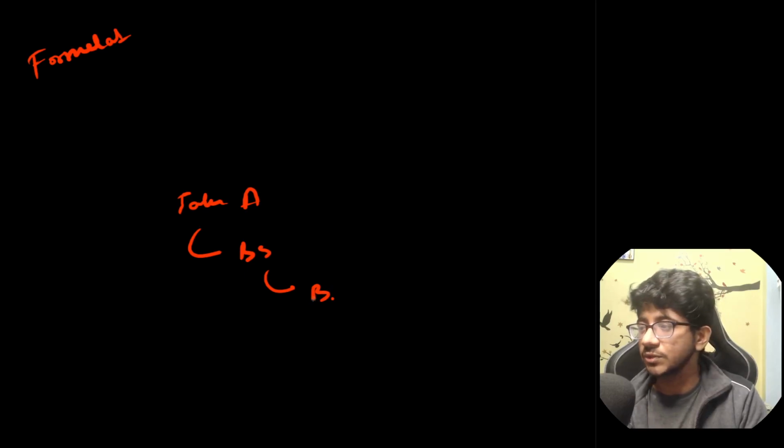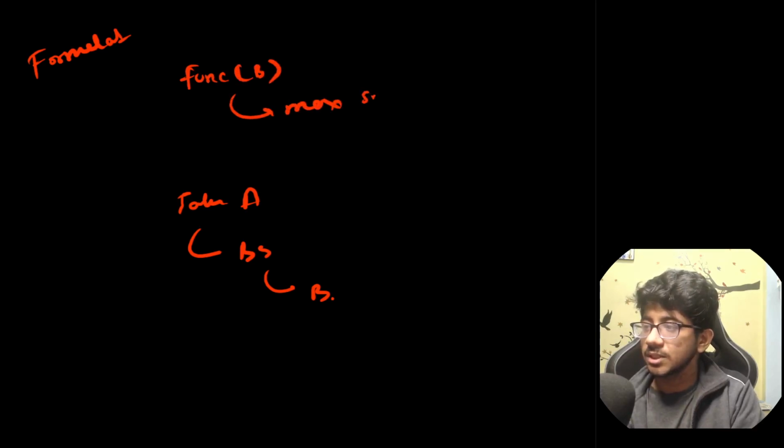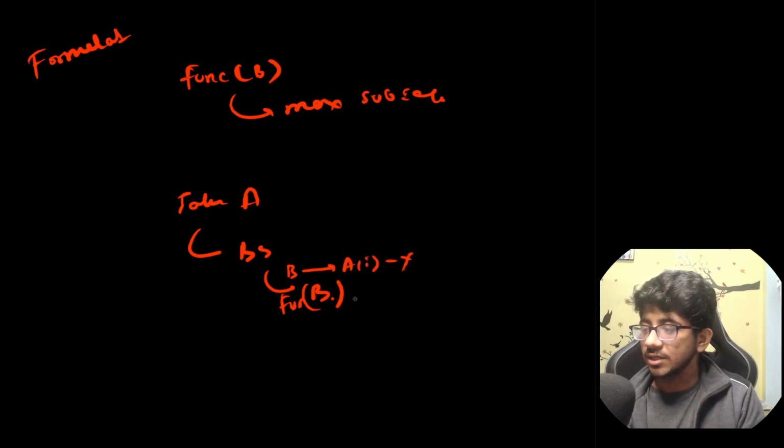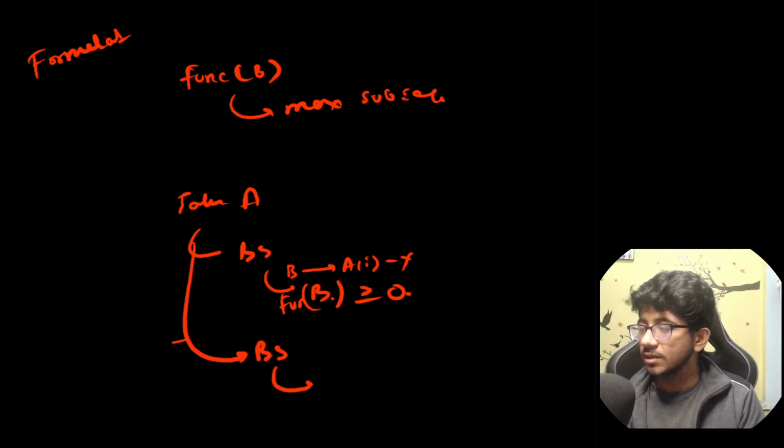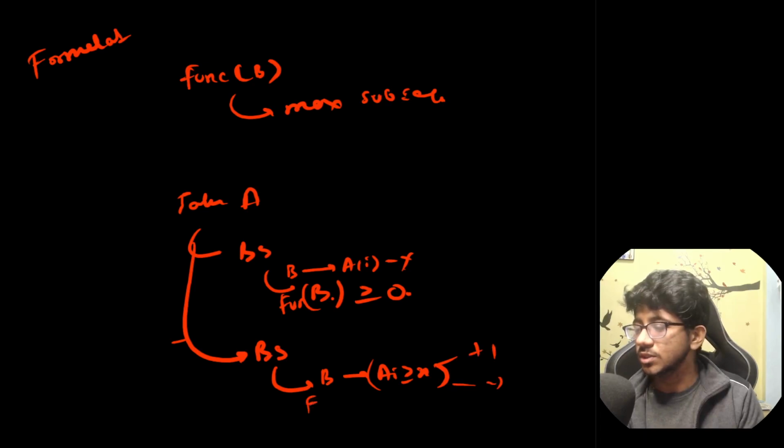So we can create a function which takes B and gives the maximum subsequence sum. So create B with the transformation A of I minus X, and then func B has to be greater than or equal to 0. And then there is another binary search for the median. We transform B with A of I greater than or equal to X, based on this plus 1 or minus 1, and then use the same function again.